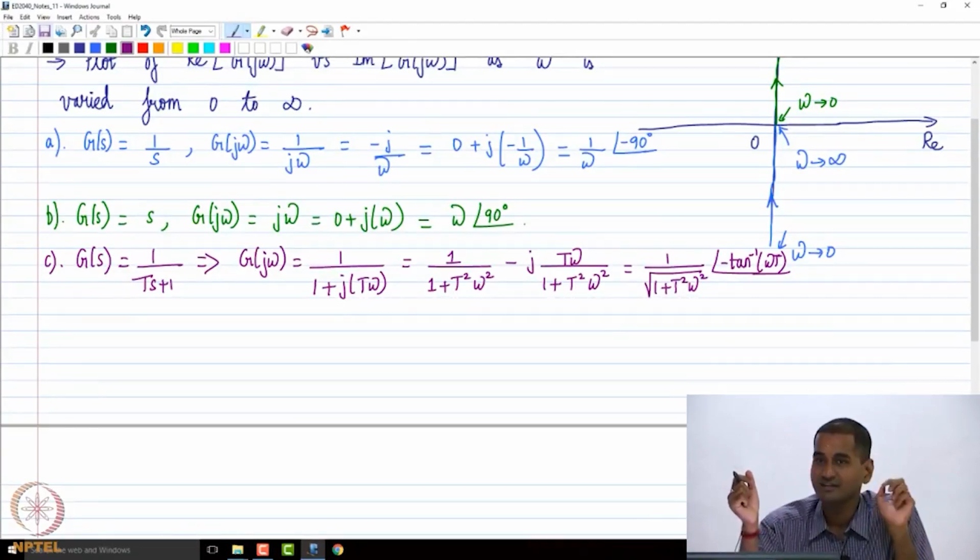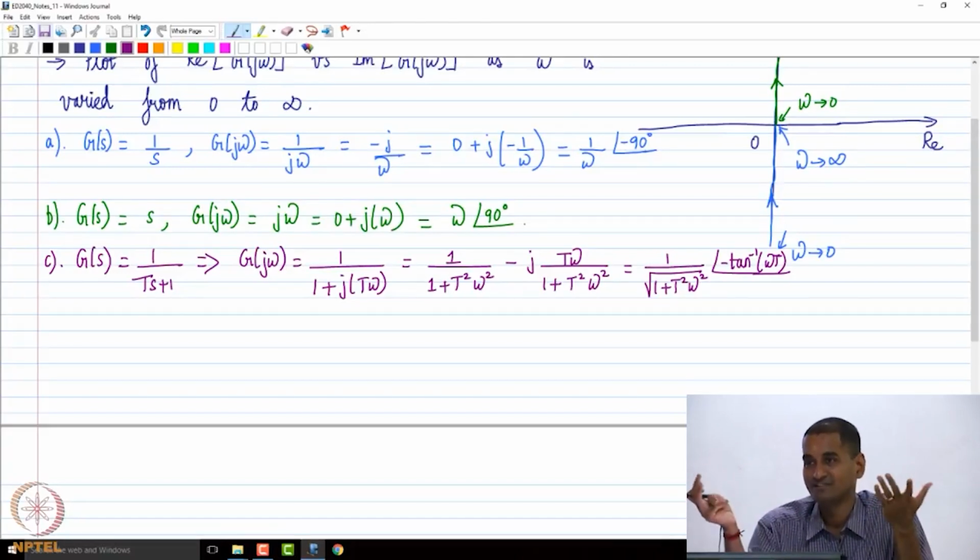So the technique was pretty straightforward, though we need to be careful in plotting the individual factors. But in Nyquist plots, we do not have that luxury. You give me a higher order transfer function, I need to plot it as it is. So it becomes a little bit more challenging to do by hand, okay.